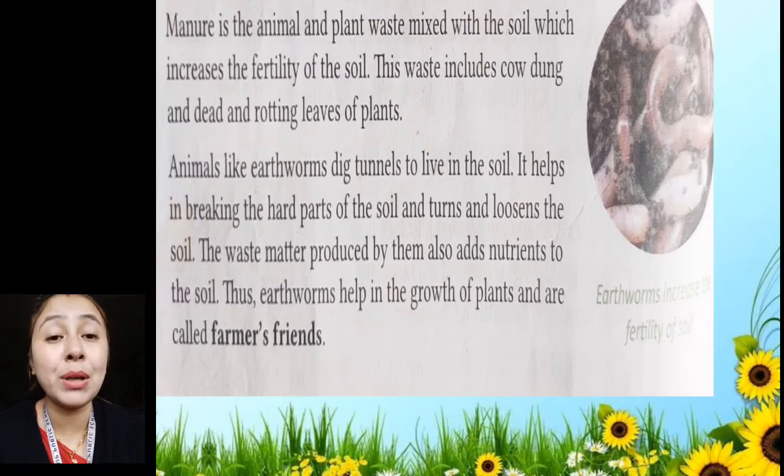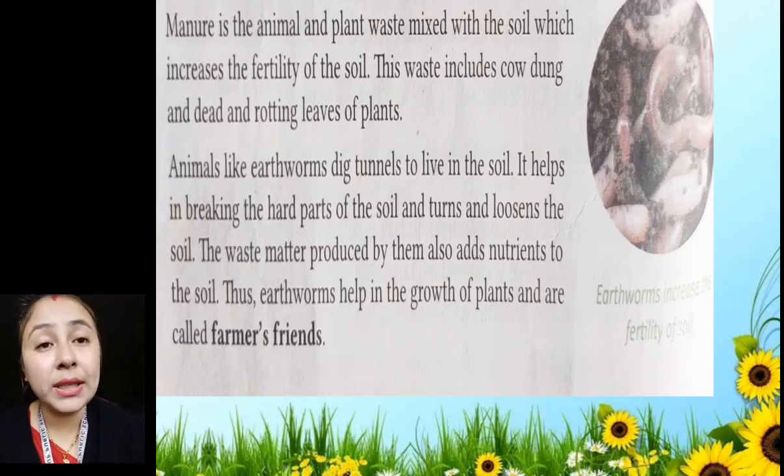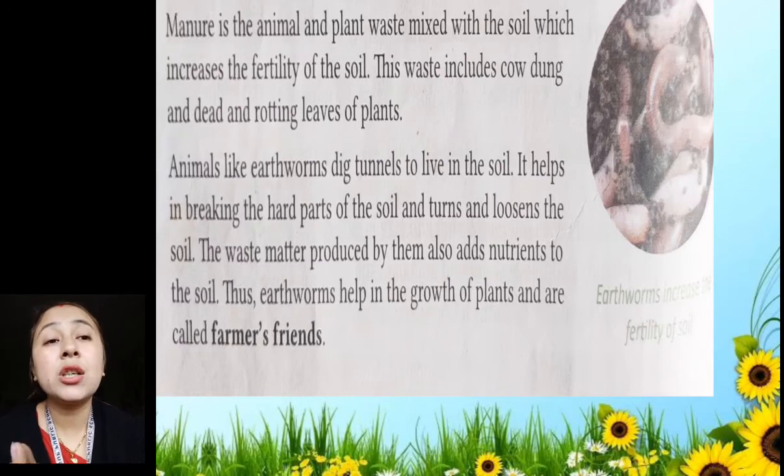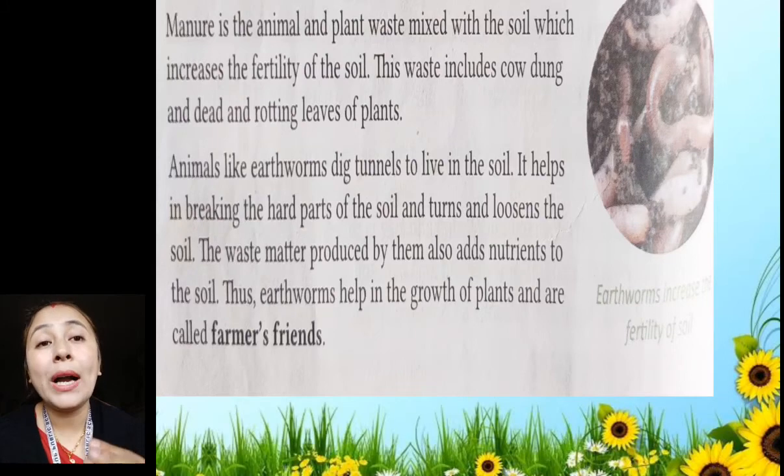You must have planted trees. So whenever you grow a flower or plant a tree, at that time we add cow dung and dried leaves to it. Why are we adding cow dung and dried leaves? Because these are all manure, and manure makes the soil fertile by increasing its nutrients.